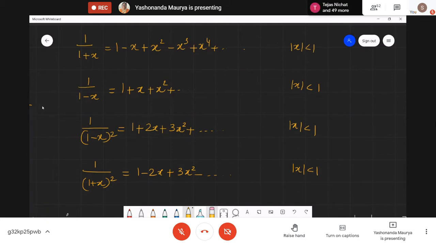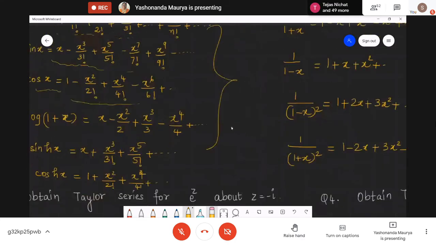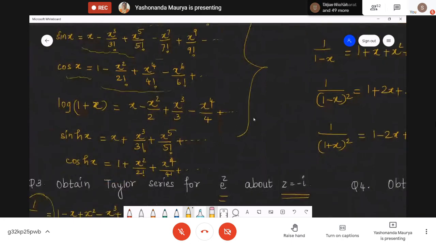Whereas in these cases, the expressions which we have written, only for this log expression, it is mod of x less than 1.